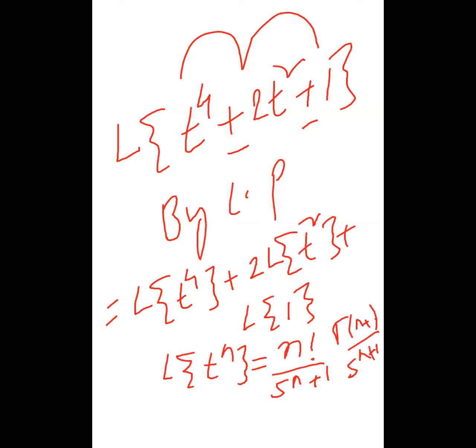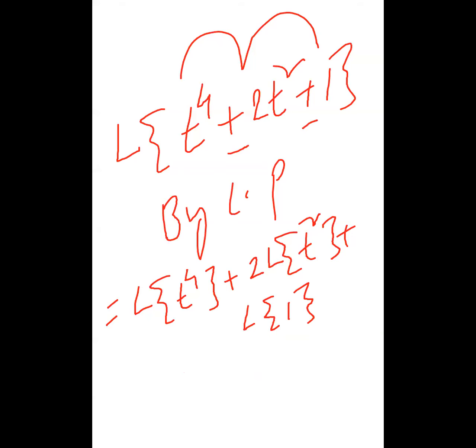Here in t power n, if n is a positive integer, then take the first formula, n factorial by s power n plus 1. Suppose n is a fraction, then go to the second formula, that is gamma of n plus 1 by s power n plus 1. Here all terms have positive integer n, so we take the formula n factorial by s power n plus 1.